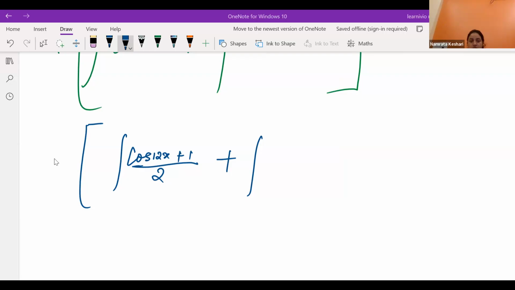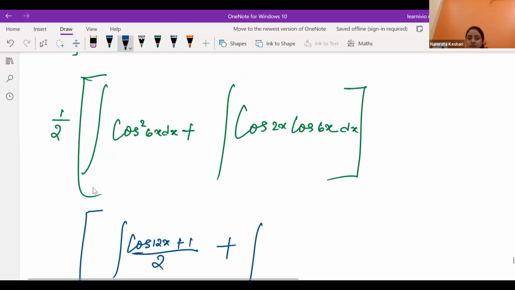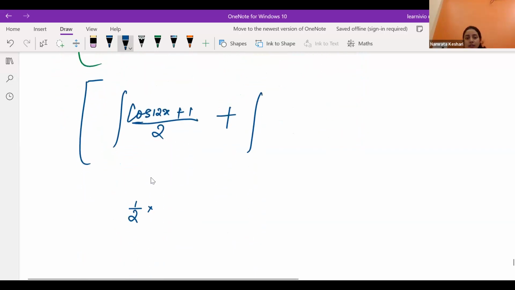Done. Tell me what you got. 1 by 2 into x by 2 plus sine 12x by 24 plus sine 8x by 16 plus sine 4x by 8 plus c. Exactly. Okay. Yes, we'll be getting the same.